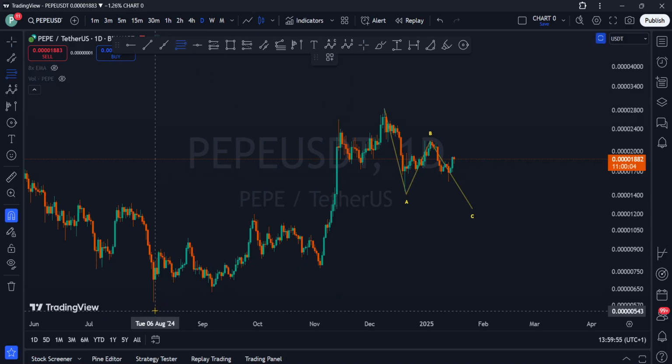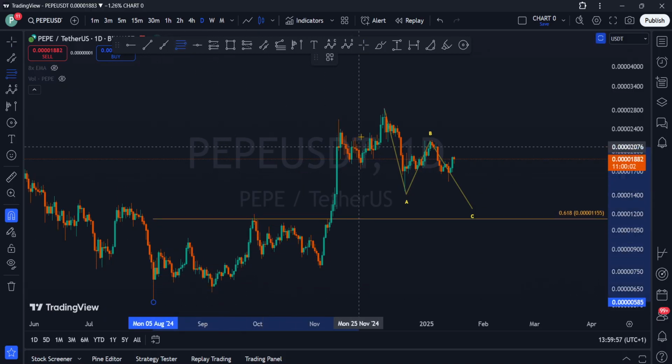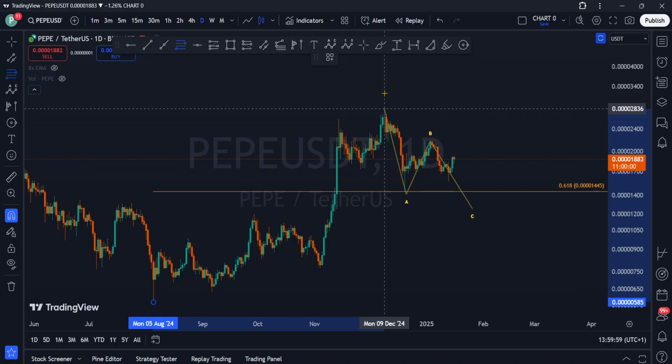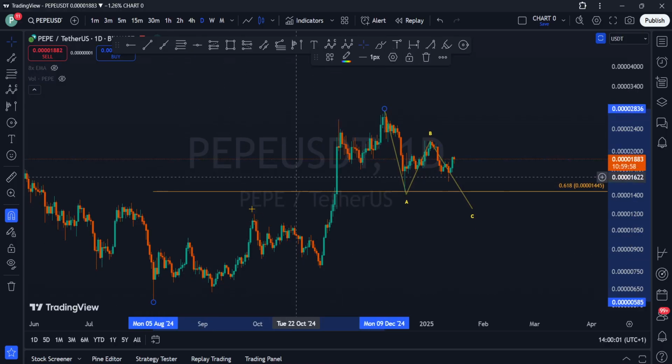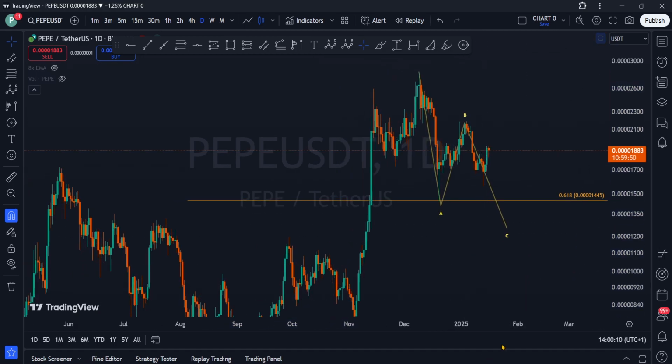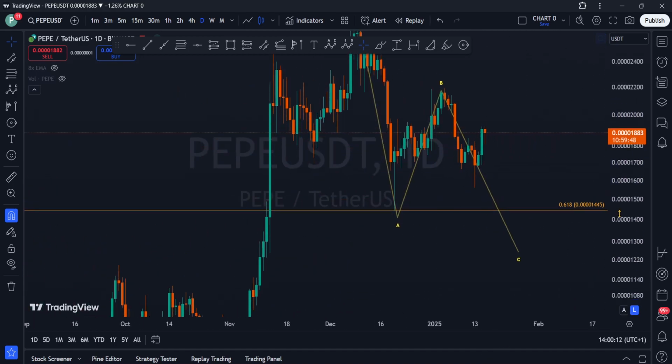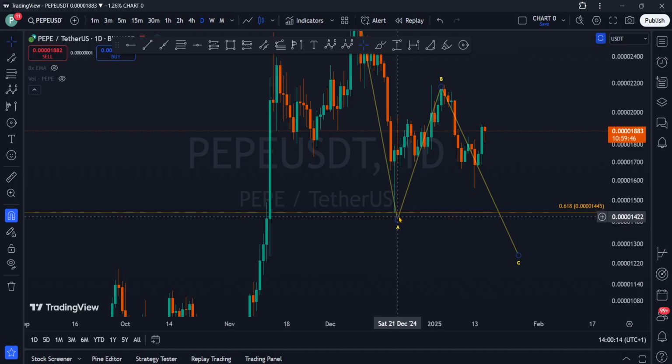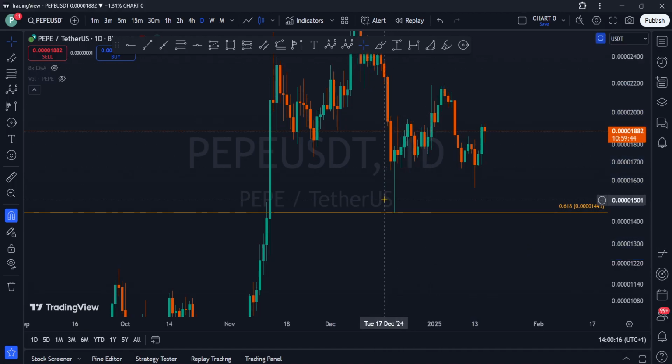If I take the Fibonacci retracement tool and I measure the last wave that happened, I can see that we have a 0.618 Fibonacci retracement level right around where we got the previous low of where the A wave was.